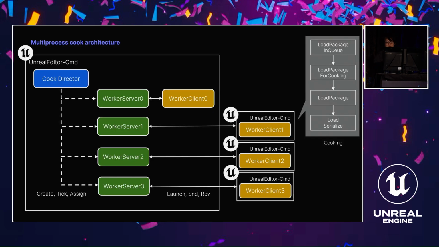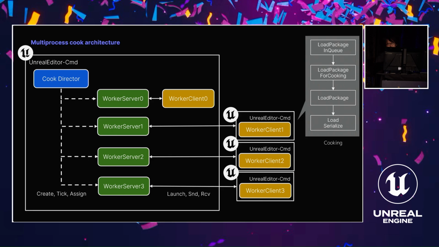Here is the architecture of the distributed part of the multiprocess cook. The first process launched creates a cook director at the top, which is a task that controls the entire cook process. And the director generates cook worker server processes for the specified number of processes.